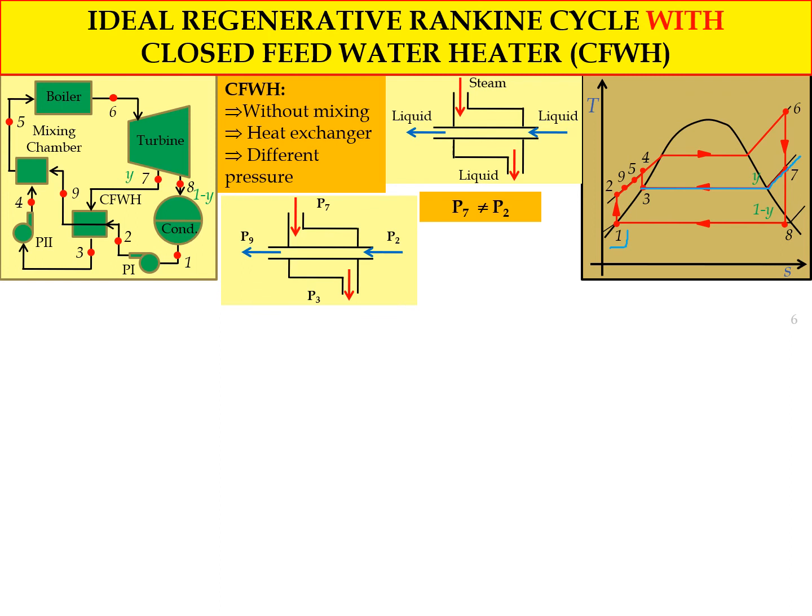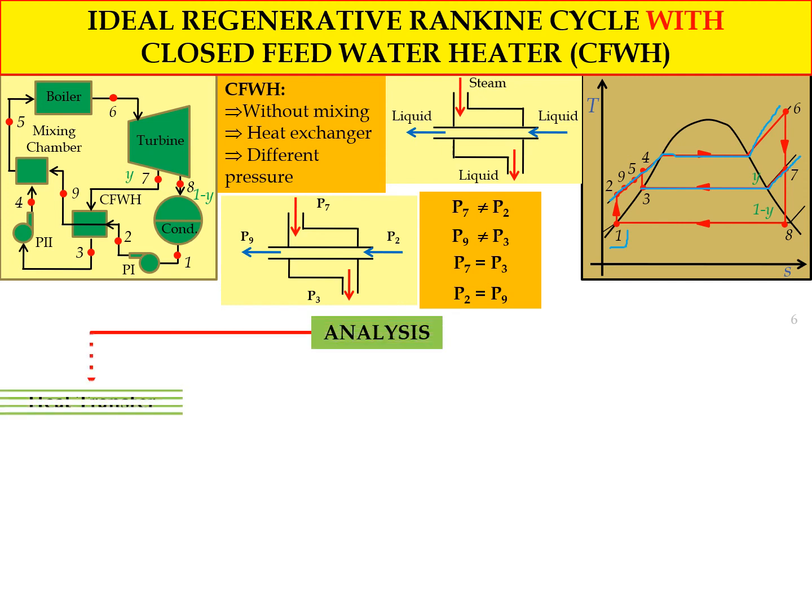The pressure of state 7 and state 2 is different, and the pressure at state 9 and state 3 also will be different. However, the pressure at state 7 is equal to the pressure at state 3, and the pressure at state 2 is equal to the pressure at state 9, as you can see here.